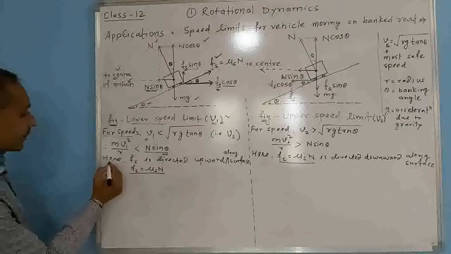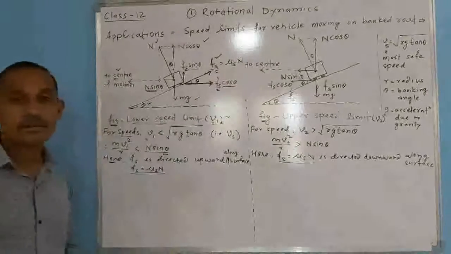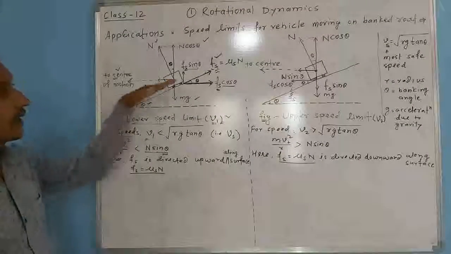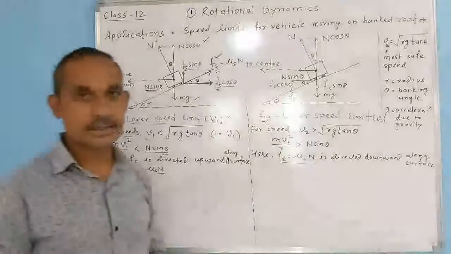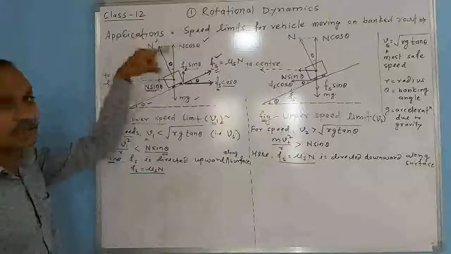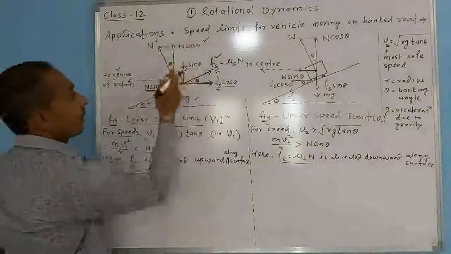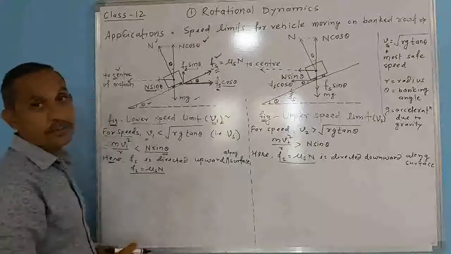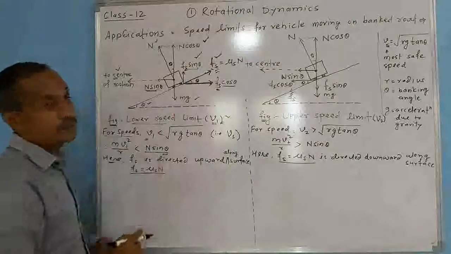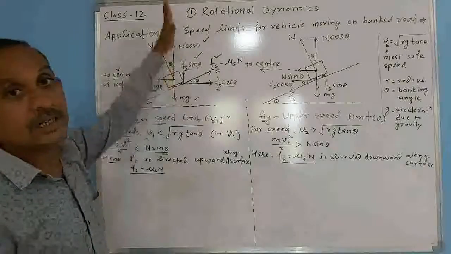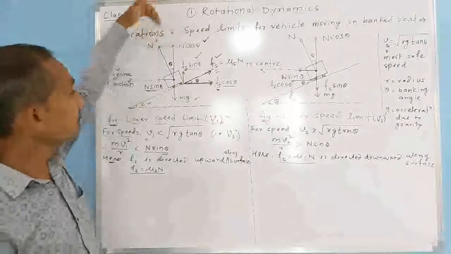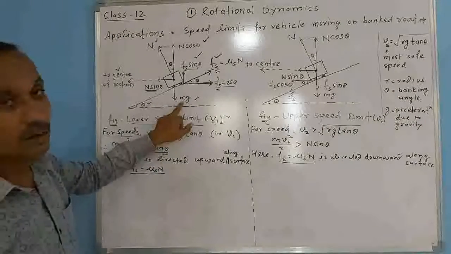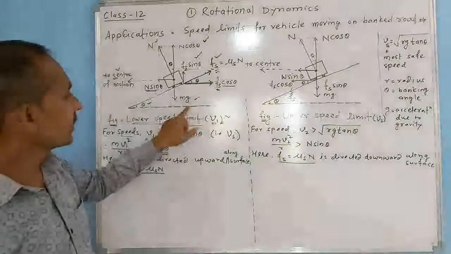Okay. Now in this case, Fs is the frictional force and is directed upwards along the surface. In this figure, along the upward direction, this is the first component and this is the second component. These two components are directed upward, and opposite to this is the vertically downward direction, where only one force is there, the weight force.